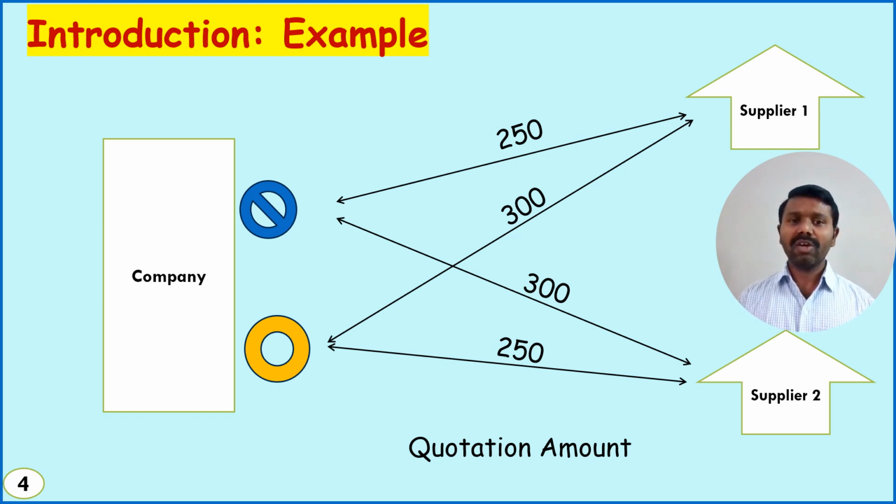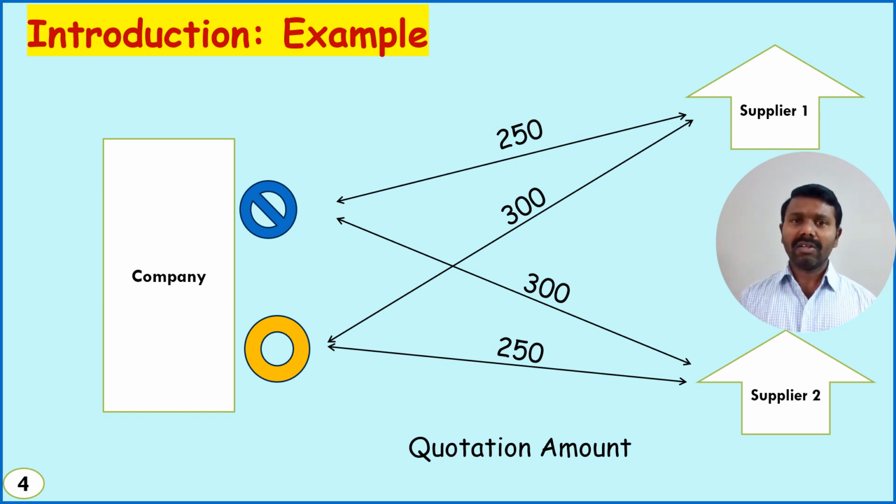At that time, you will see the cost of quotation. For product 1, you got the quotation from supplier 1 as 250 rupees and 300 rupees, and for product 2 you got the quotation from supplier 2, that is 300 rupees for the first product and 250 rupees for the second product. In that case, which product you will purchase from which supplier?